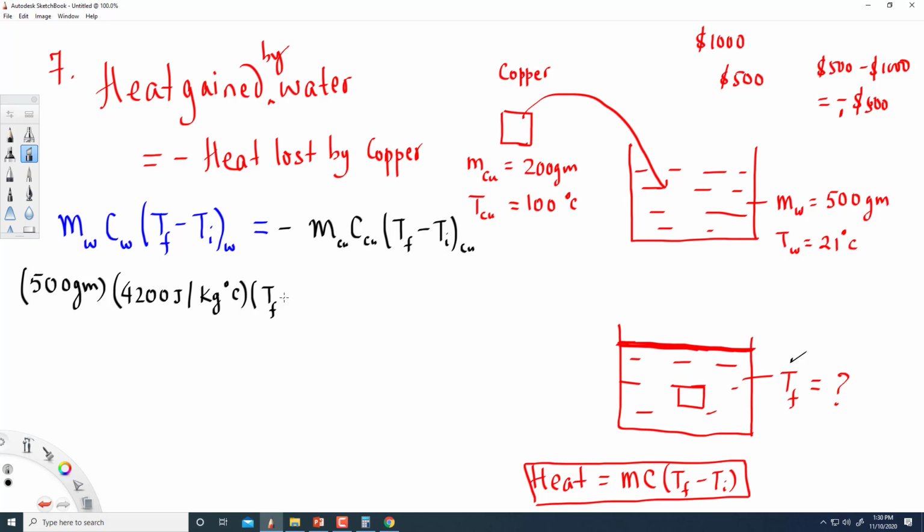Initial temperature of water. What's the initial temperature of water? 21 degrees Celsius. Minus mass of copper is 200 gram.